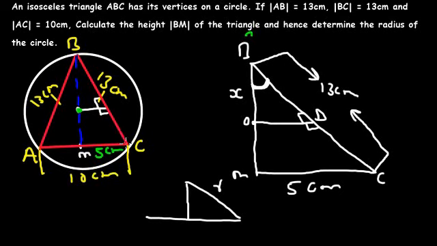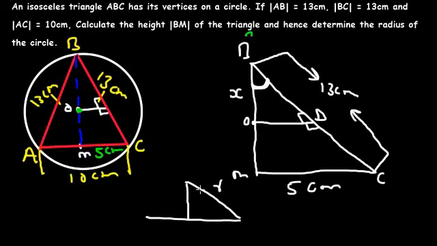Now you can see that this is the chord BC. Okay, now this is the distance of the chord from the center of the circle, and you can clearly see that this blue line is now coming from the center of the circle to the end point of the chord. So that's another reason why OB is the radius of the circle.